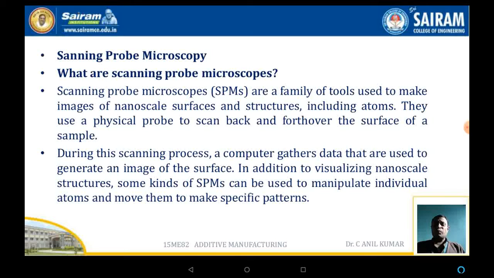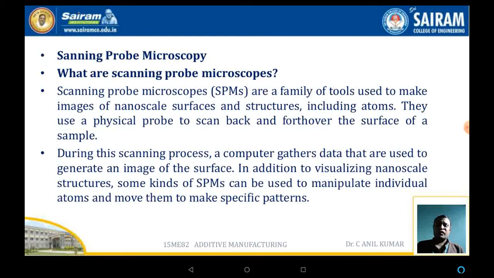Scanning probe microscopes are a family of tools used to make images at the nanoscale, especially of surfaces and structures, including atoms. They use a physical probe to scan back and forth across the surface of the sample.